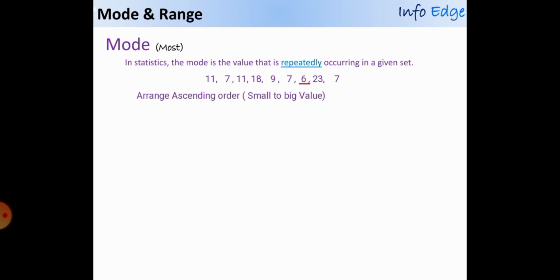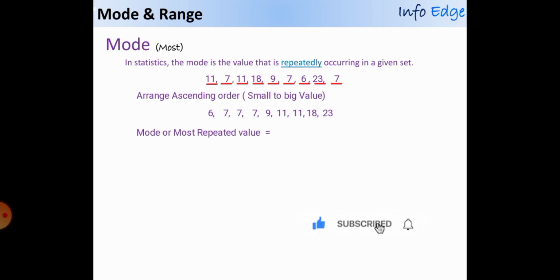The first smallest value is again 6, 7, and 7 and one more 7, then 9, 11 and one more 11, and 18, then the last number is 23.